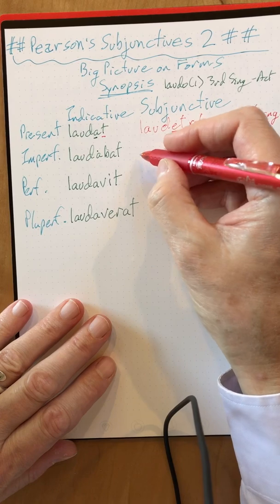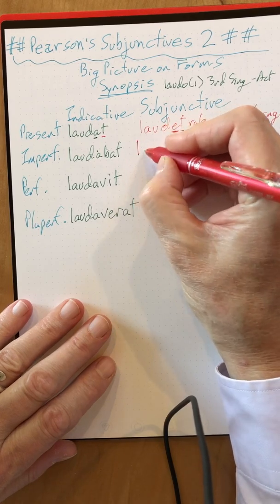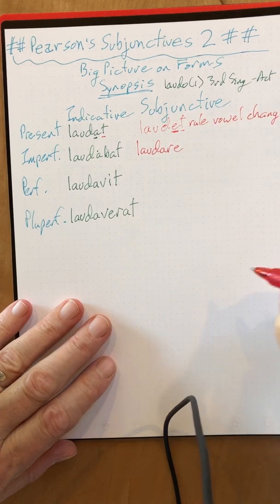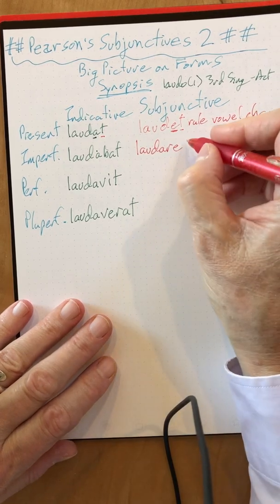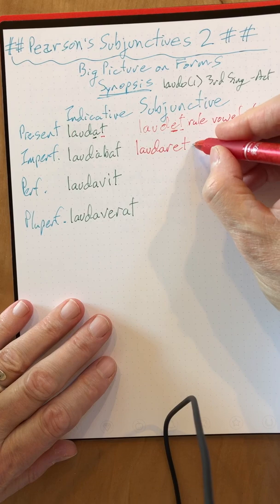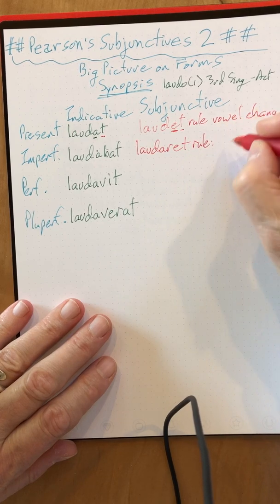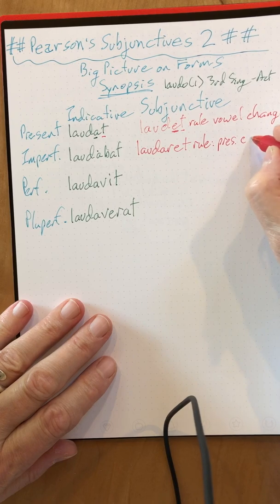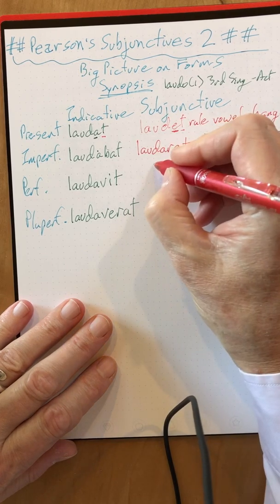Now for the imperfect subjunctive, lau, da, re. Ooh, I'll bet you recognize that. And then the ending. Rule: present active infinitive plus ending.